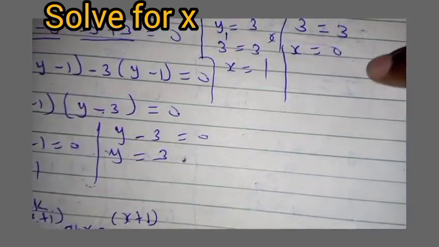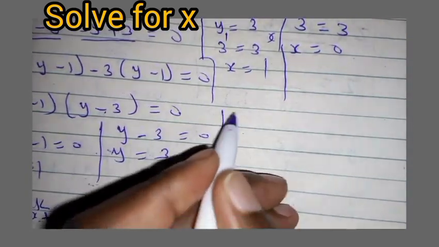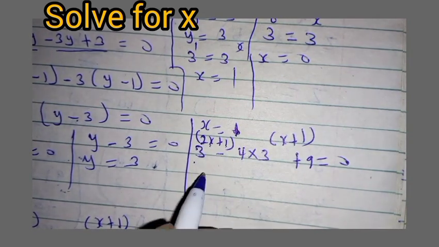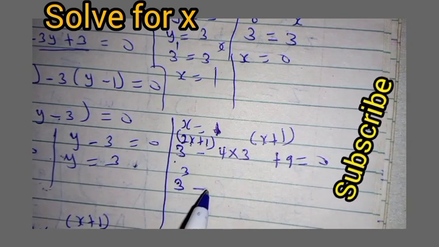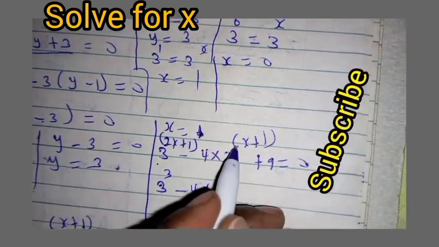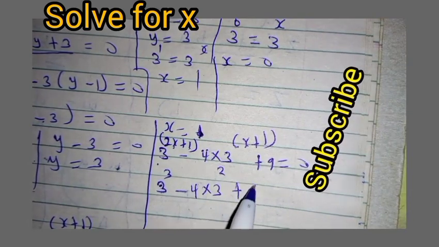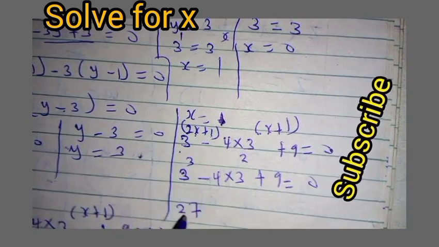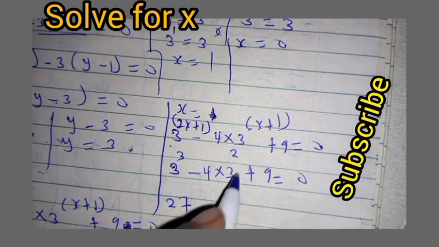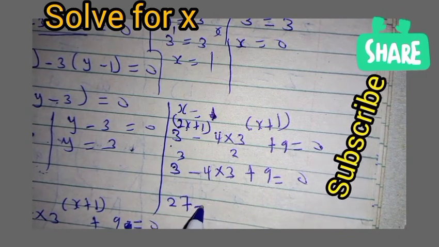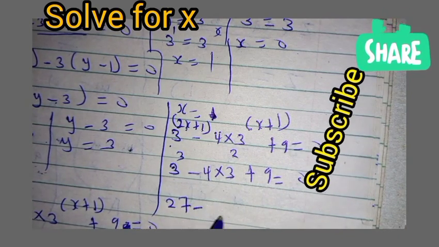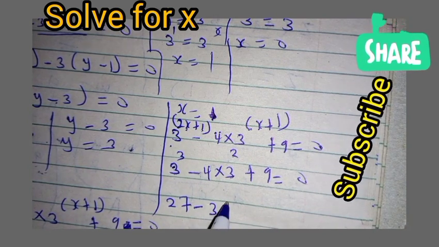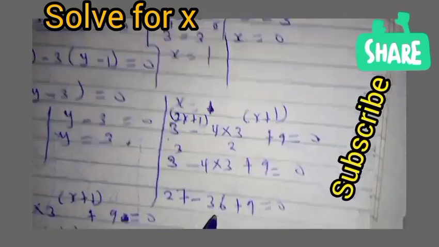It is correct. Then we can check this other one, when x is equal to 1. So here we will have 2 times 1 is 2, plus 1 is 3. This is 3 power 3 minus 4 times 3 power 1 plus 1, which is 3 power 2, plus 9. This would give you 0. 3 power 3 will give you 27. 3 power 2 is 9. 9 times negative 4 will give you negative 36, plus 9 is equal to 0.